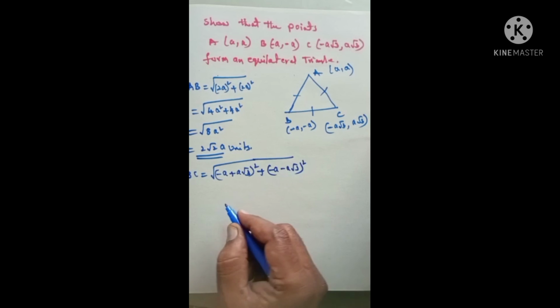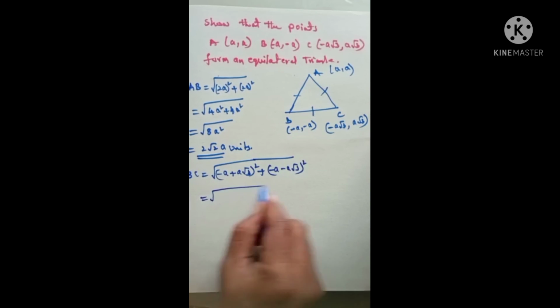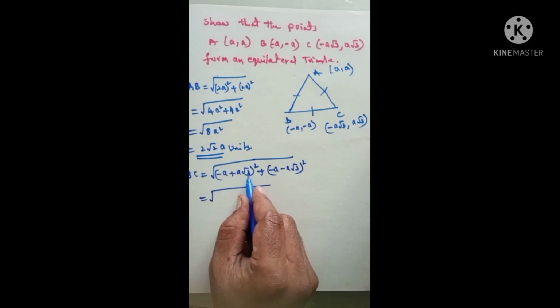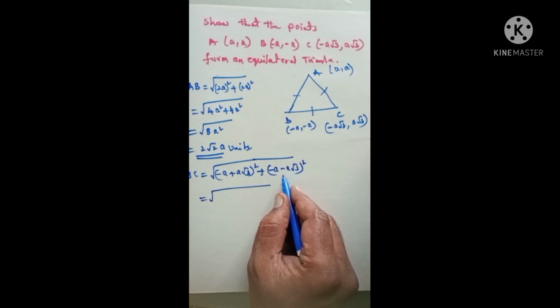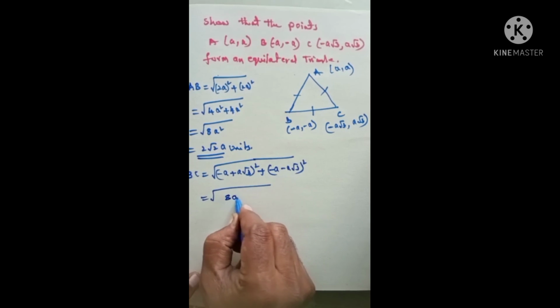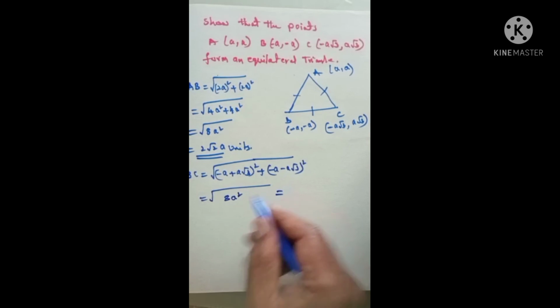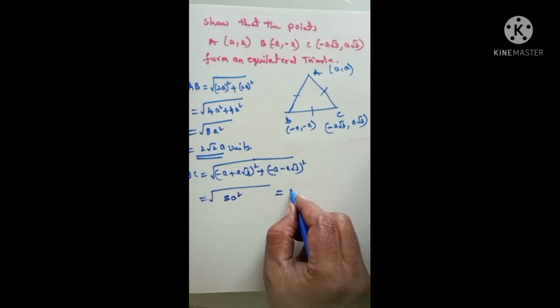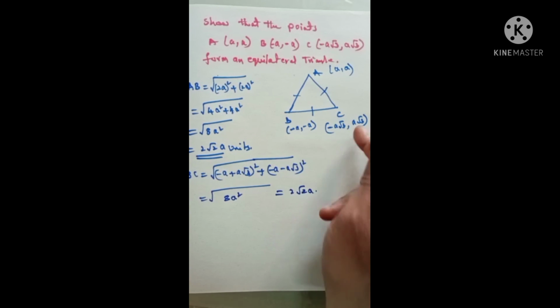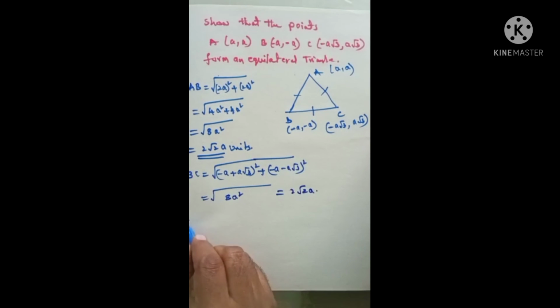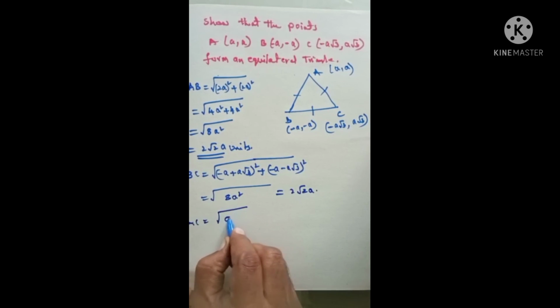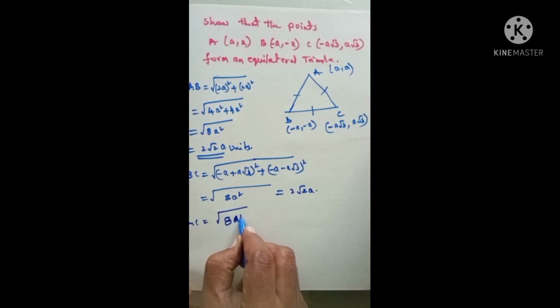If you open it, (a plus b) whole square and (a minus b) whole square, then you will get 8a square again. Because I don't want to explain, you can do this. This is again 2 root 2a. In the same way, if you find the AC value, again you will get 8a square.